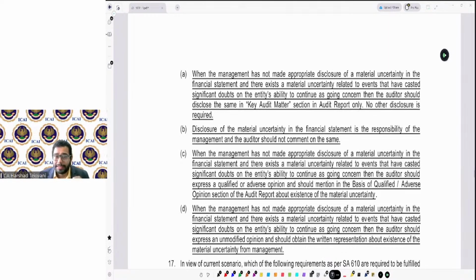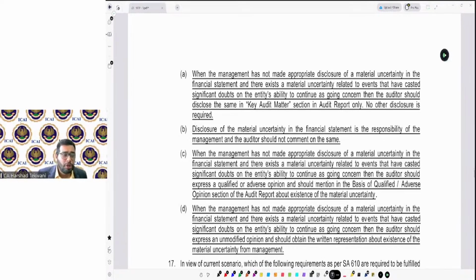So this is the basic application of the standard. There is nothing else other than the application that we need to look into. When management has not disclosed anything about material uncertainty in the financial statement, and the auditor has identified certain events of such nature that they are casting significant doubt on the entity's ability to continue as a going concern, it means management has not appropriately followed the required disclosure requirements.